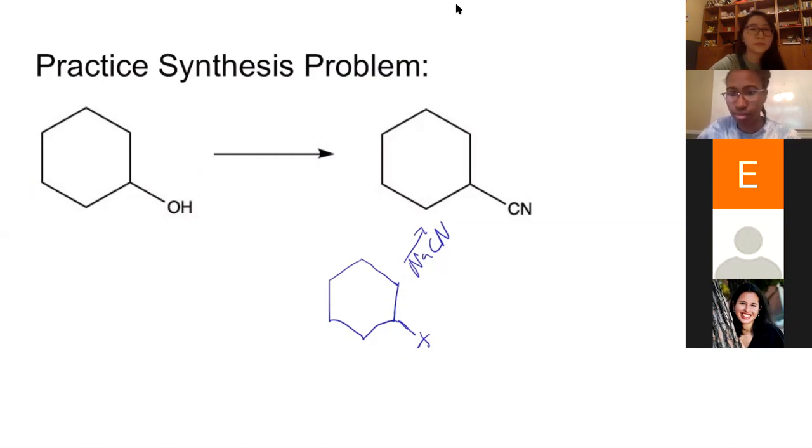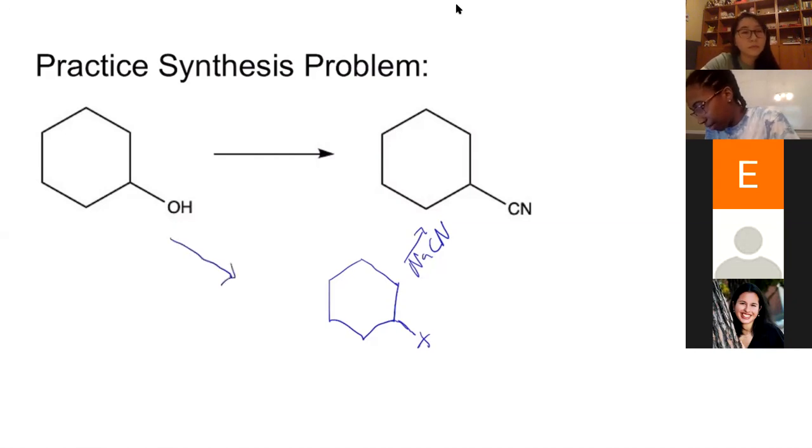You protonate the alcohol? Yep, thank you, Alex. So as Alex just mentioned, we just covered 2 reactions with protonating alcohols, and one of them was SN2. So perhaps what we could have going on is we could have our alcohol reacting with HX.